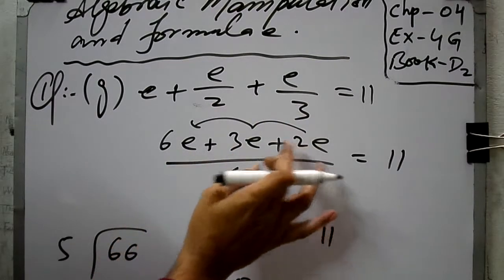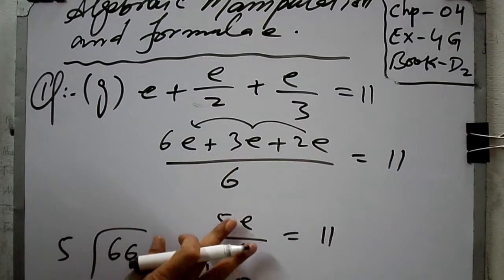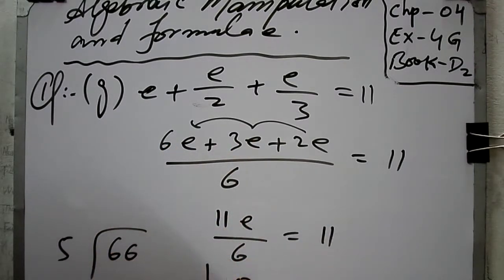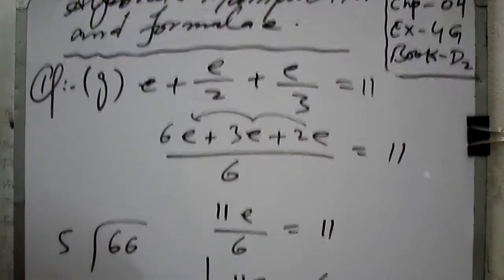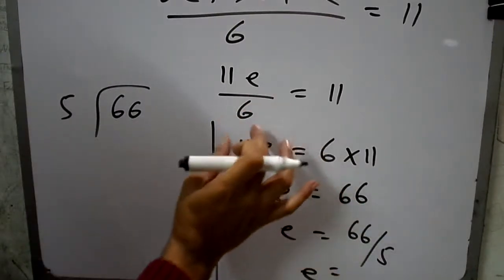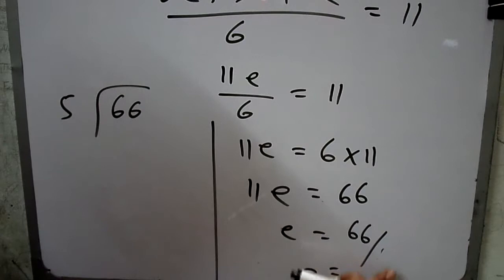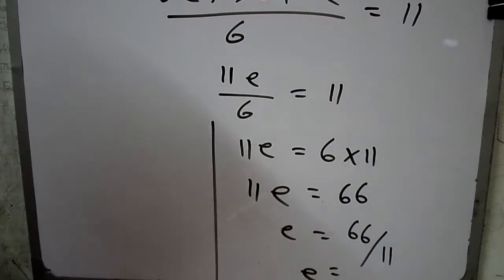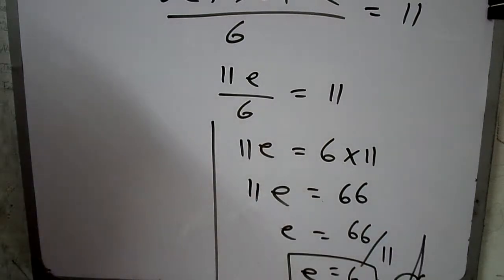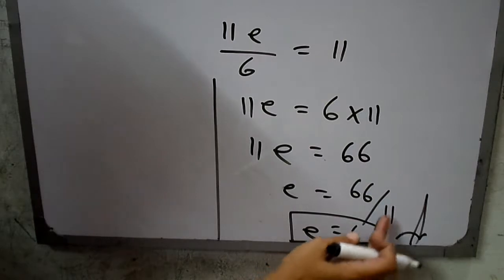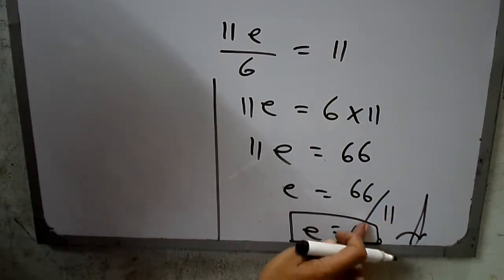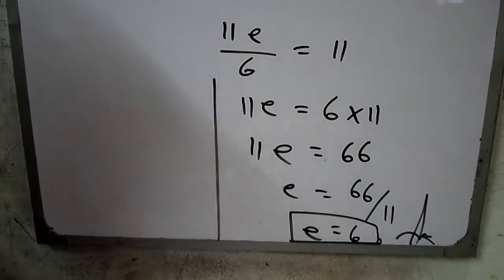It is also positive, so it means 3, 5, and that is your 11e. 11e, cross multiplication, 66, you need the value of e, so divide by 11, so 11 6s are 66, so the value of e is 6. 66 divided by 11, you will get 6. So that is your answer.